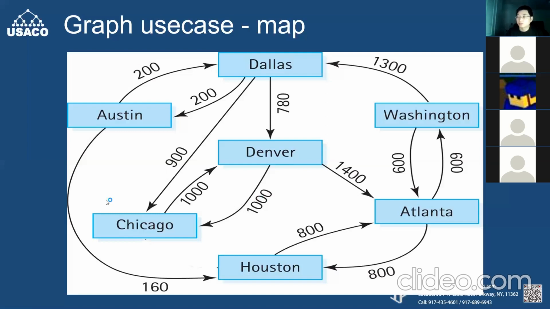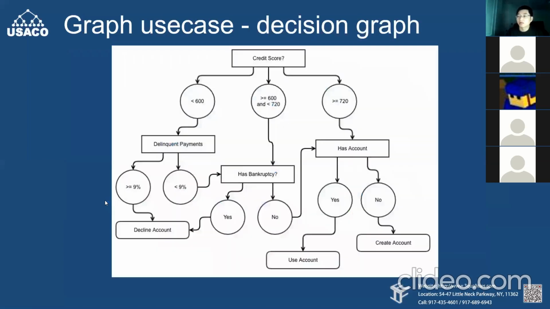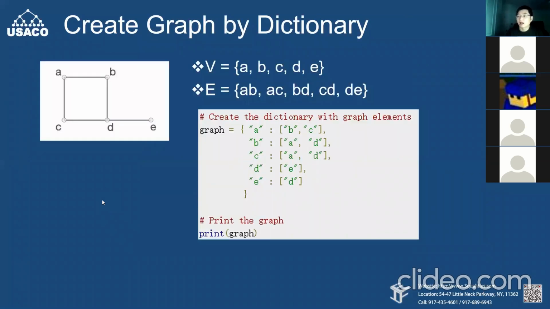Okay, if not, let's quickly take a look at how we create a graph in Python. But before that, we're going to talk about dictionary again. Do you guys still remember dictionary?